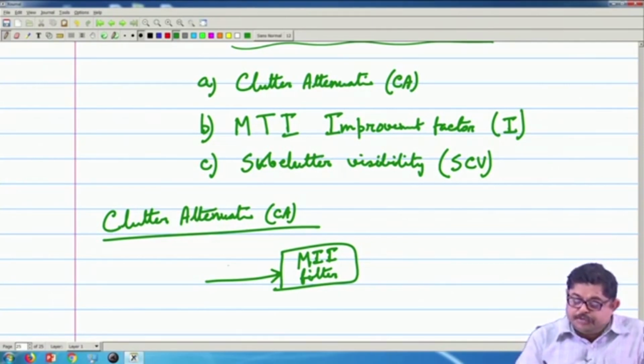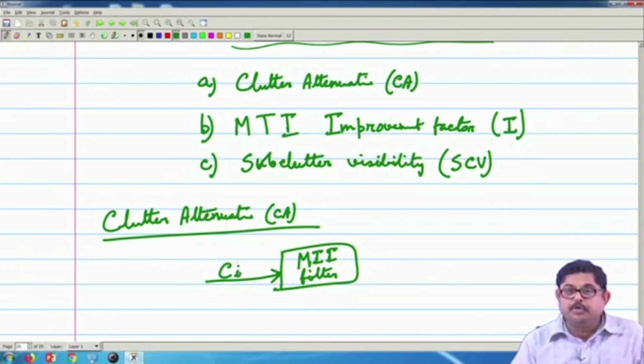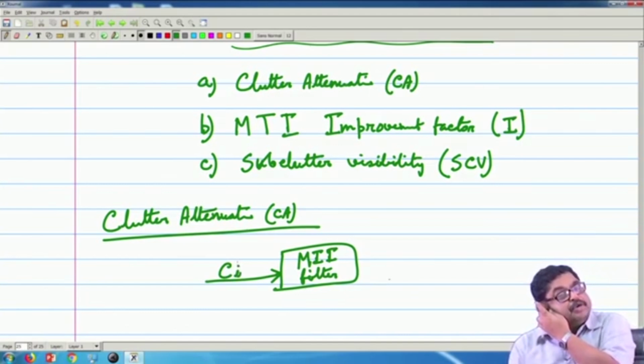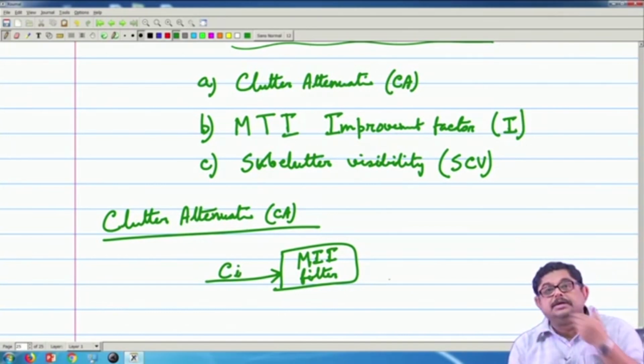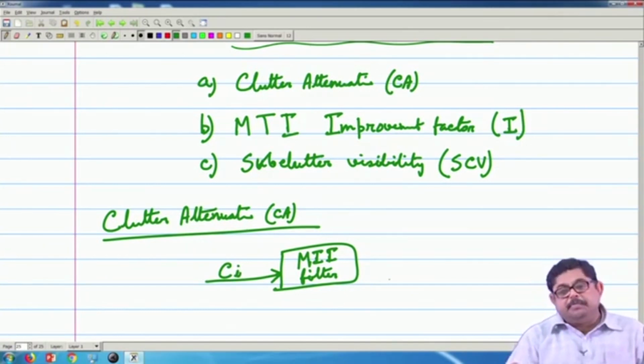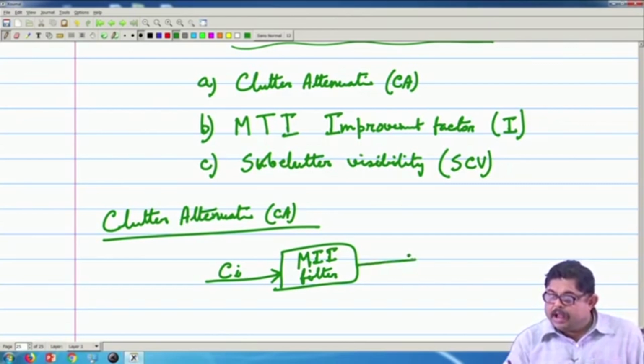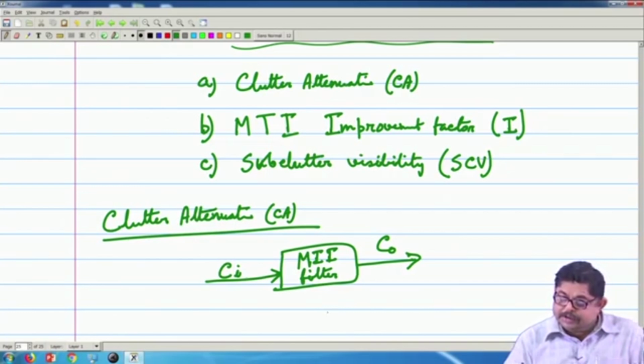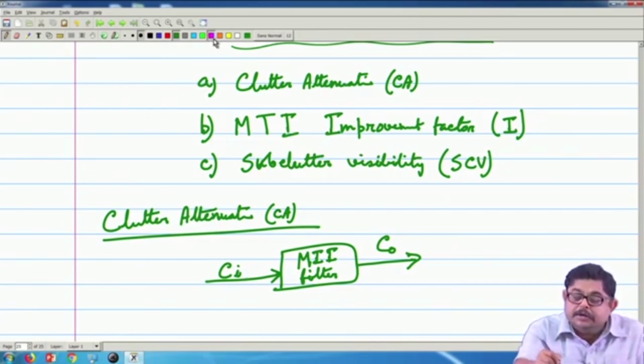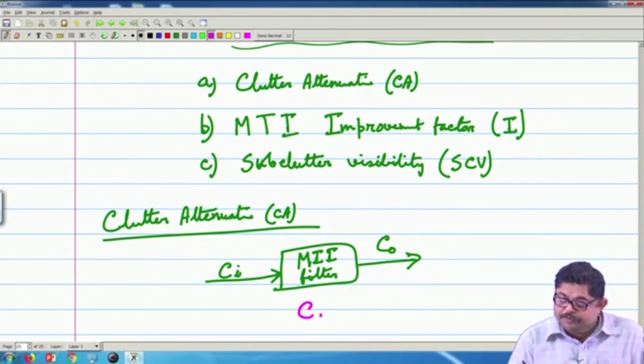So, if the input clutter power, clutter is a random process, but we know that through the PSD, power spectral density, we can find its power. So, let us say that input is Ci and output clutter power is Co. In that case, the clutter attenuation CA will be the ratio of these.